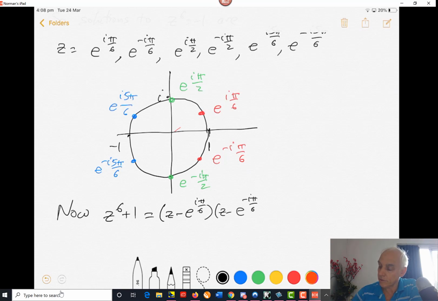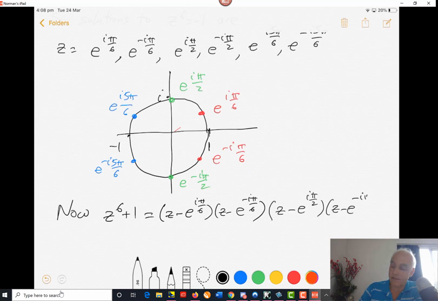I'm putting the two factors corresponding to the complex conjugates beside each other. That's a good thing. Okay, the next pair, we have z minus e to the i pi on 2 and z minus e to the minus i pi on 2. Okay, good.